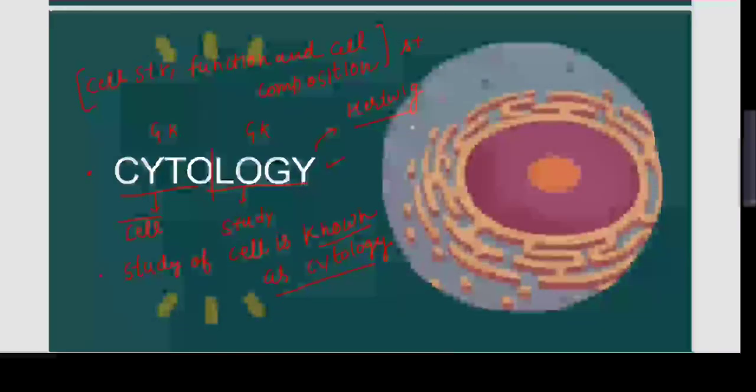Now move to the next topic, the history of the discovery of the cell. The person shown here is Robert Hooke, who discovered the first cell in 1664. The cell discovered by Robert Hooke was a dead cell because he discovered it in oak tree bark, and as we know, bark is dead material.